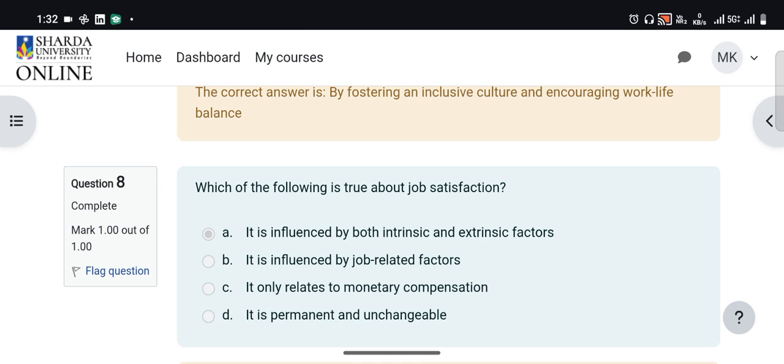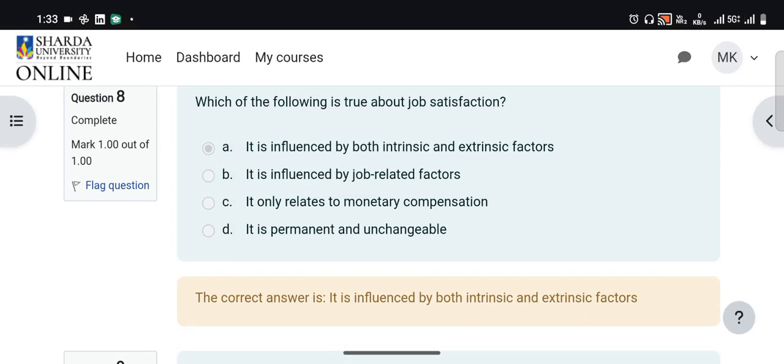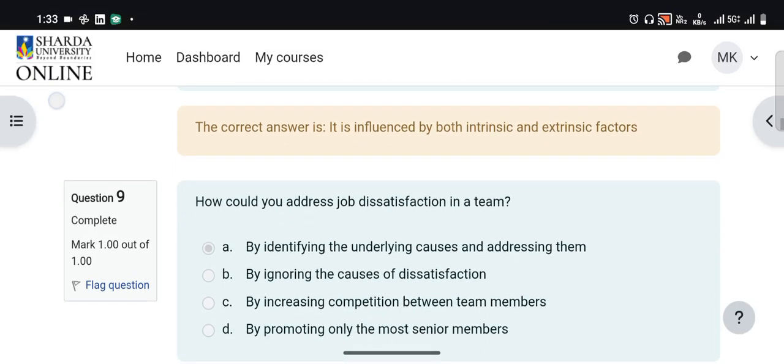Option C. It only relates to monetary compensation. Option D. It is permanent and unchangeable. The correct answer is it is influenced by both intrinsic and extrinsic factors. Intrinsic factors and extrinsic factors.